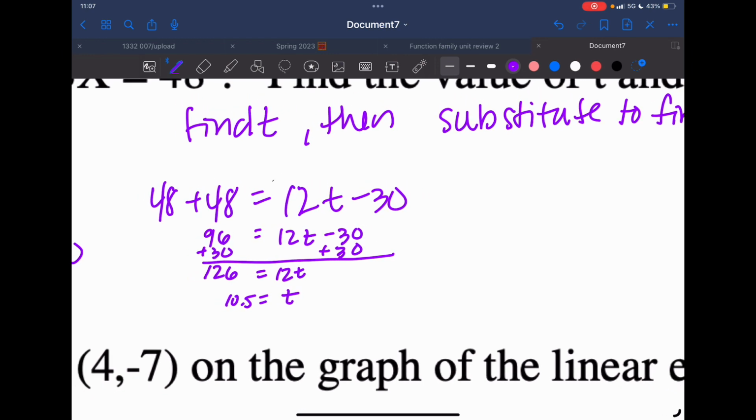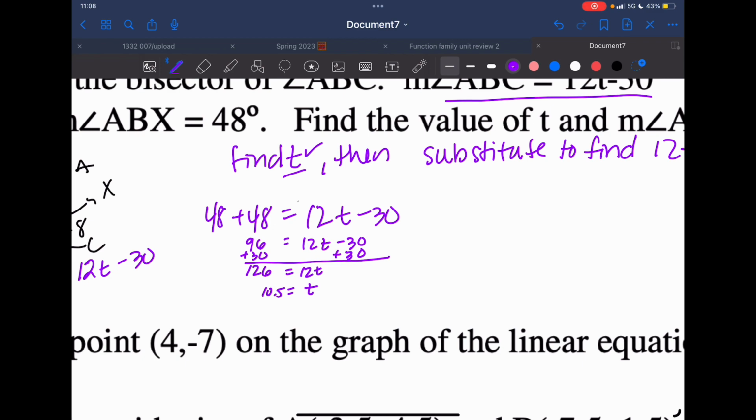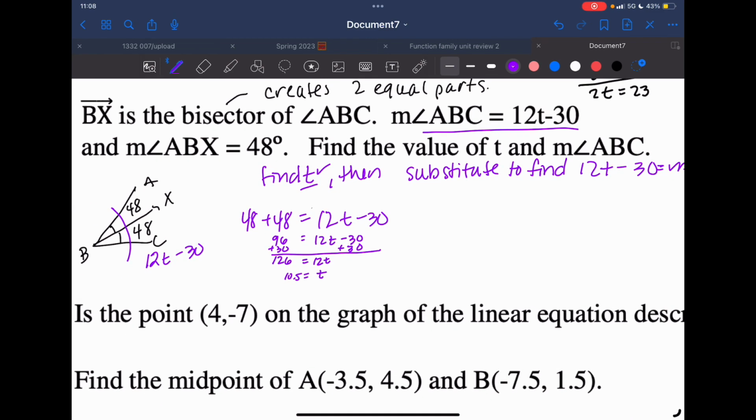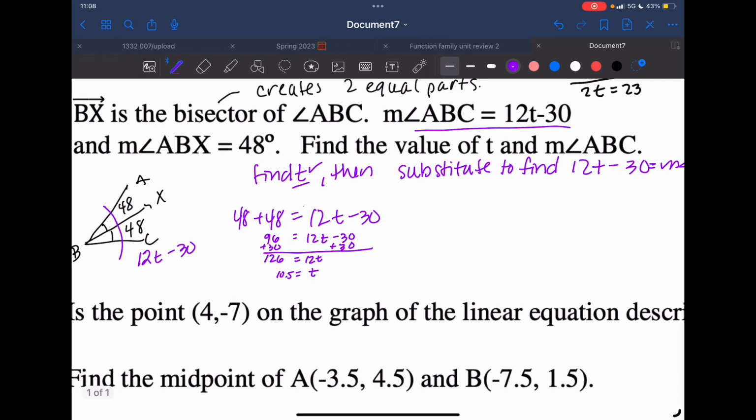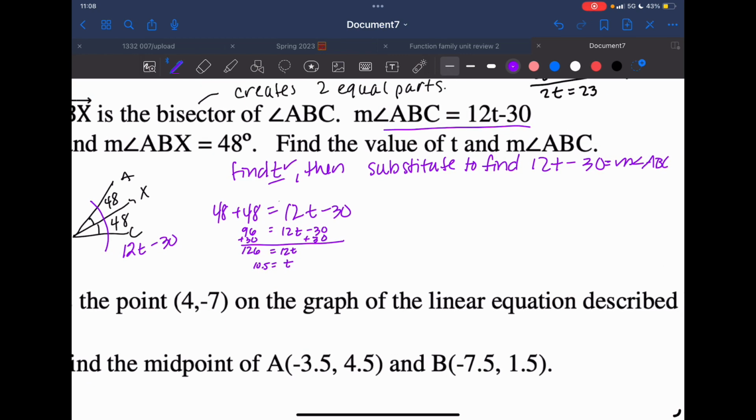So it says find t, which we did, then substitute to find 12t minus 30, which is the measure of angle ABC. So then we're going to say t equals 10.5, and then 12t minus 30, so 12 times 10.5 minus 30.